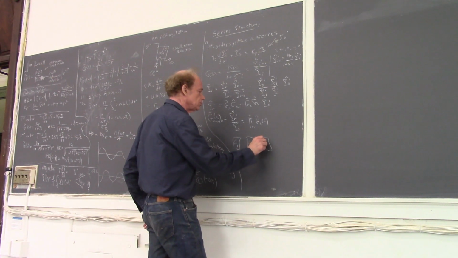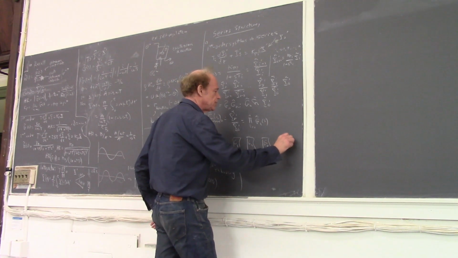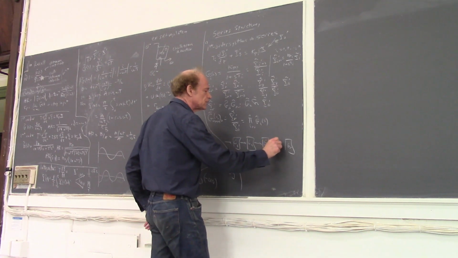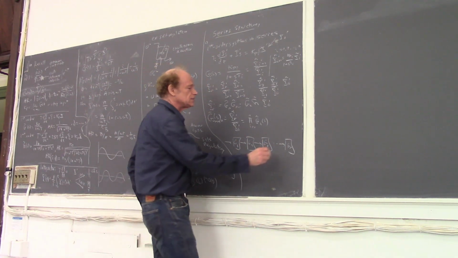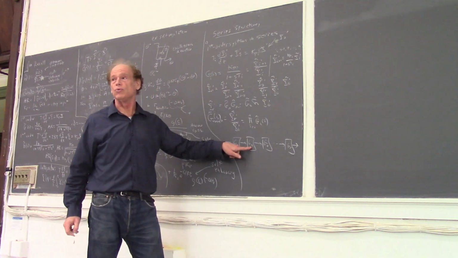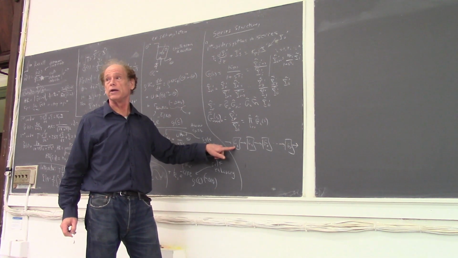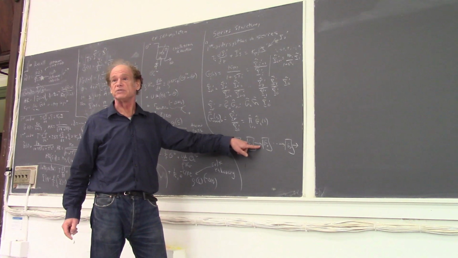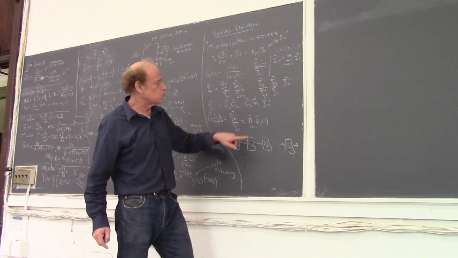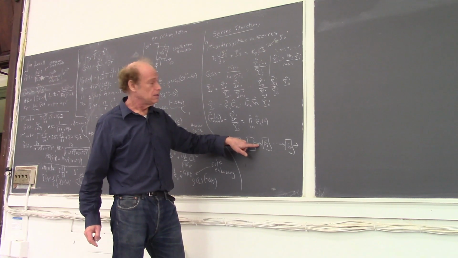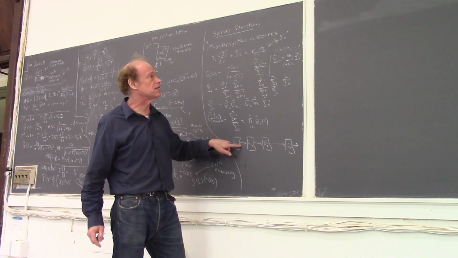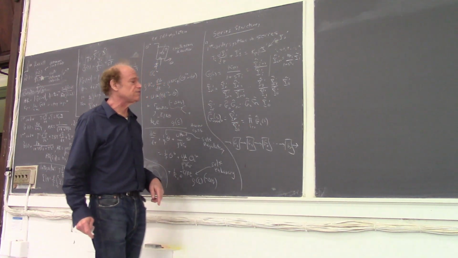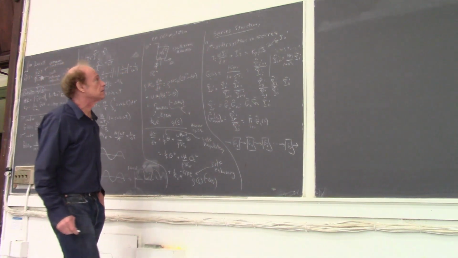G1, G2, G3, Gn: the information is flowing in one direction. That is, to calculate G2, I only need to know G1, what came out of G1. I don't need to know what comes out here, because yi plus 1, this guy, only depends on what comes to the left of it and not what comes to the right of it. And because of that, we call this non-interacting.